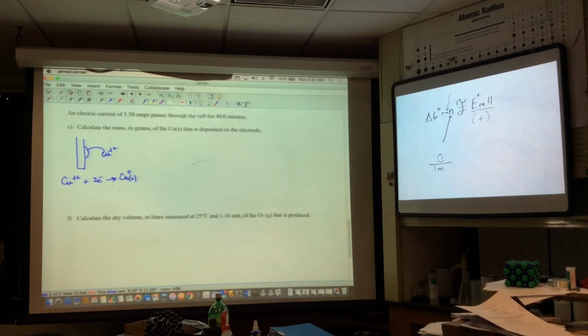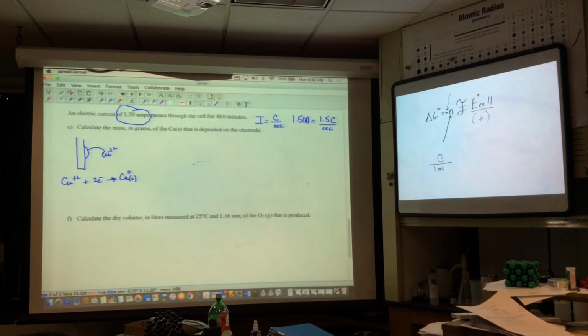How do I do that? 2 ways. I have to use my amperage, okay? What is amperage? Amperage in your reference table is I, and it's coulombs per second. In fact, if I have 1.50 amps, that means I have 1.5 coulombs of charge per second being passed around. Think with me for a second.